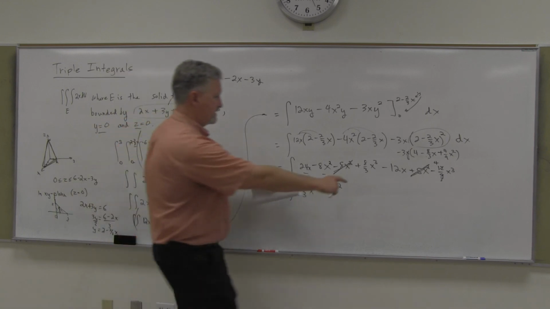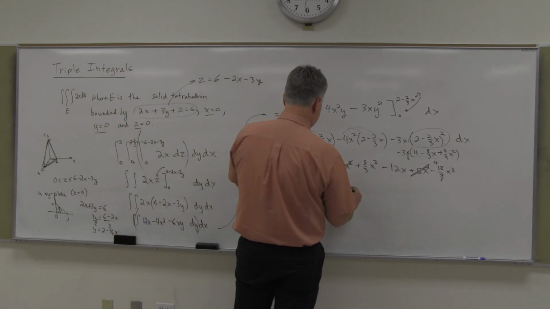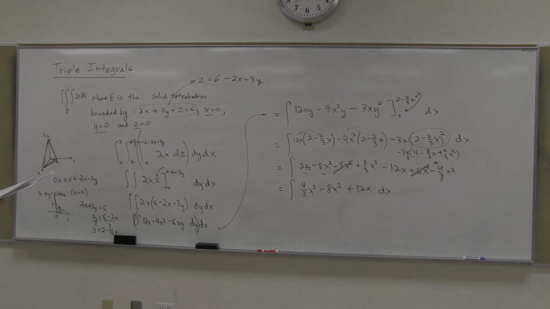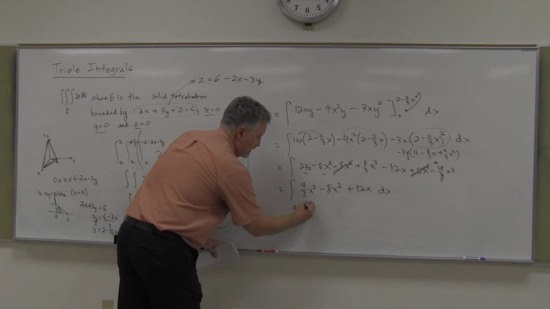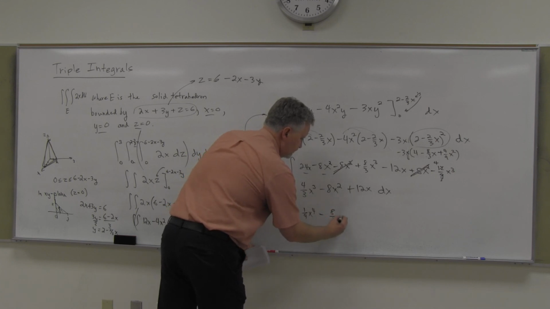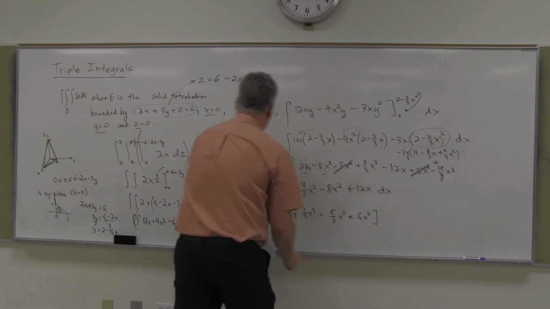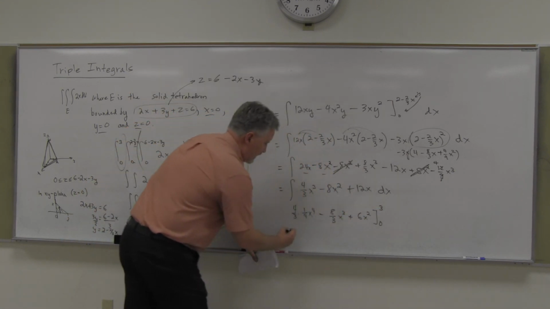Then the x's, I've got 24x or minus 12x is plus 12x. I believe that's right. All right, so now I've got the antiderivative of that, so it'll be 4/3 times 1/4 x to the 4th, minus 8/3 x cubed, and that would be 6x squared, and then evaluating the x's, we're going from 0 to 3.